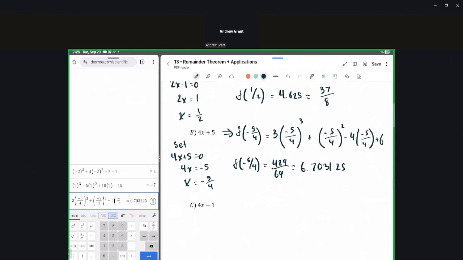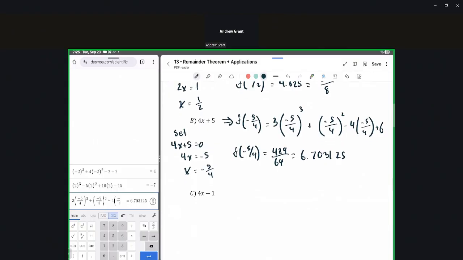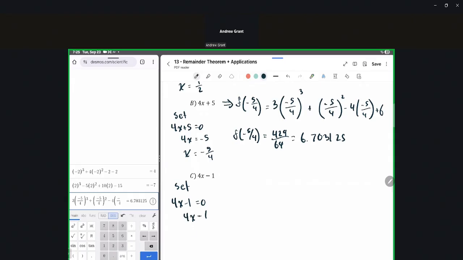Okay, lastly but not leastly, we have 4x minus 1. And so again, we can follow the exact same steps. We set 4x minus 1 equal to 0. So 4x will be equal to 1, and x will be equal to 1/4.